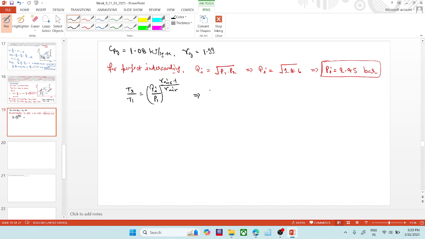When I put the values here, T2 by 293 is equal to 2.45 divided by 1 to the power (1.4 minus 1) divided by 1.4. Then the value of T2 will come out as 378.59 Kelvin.